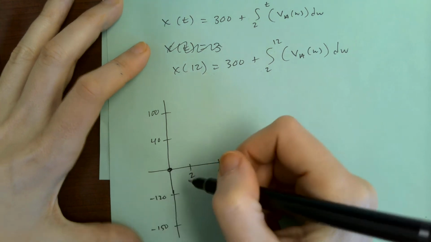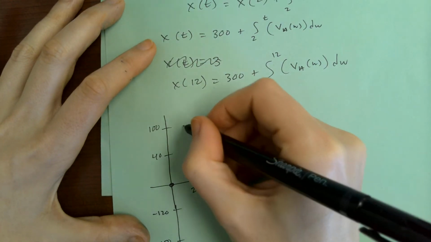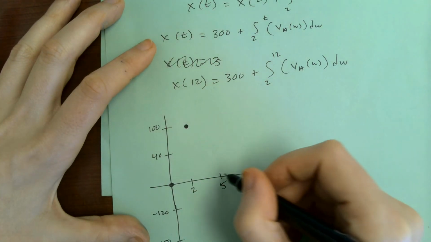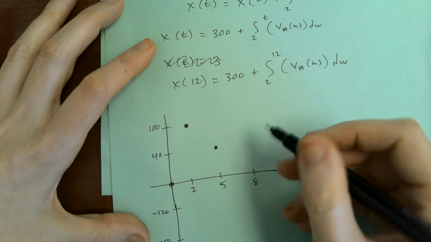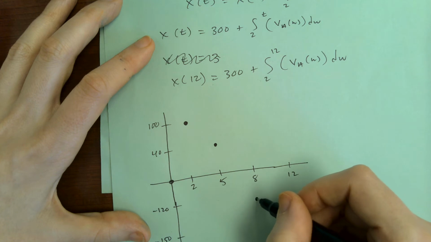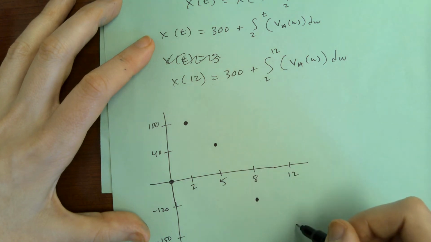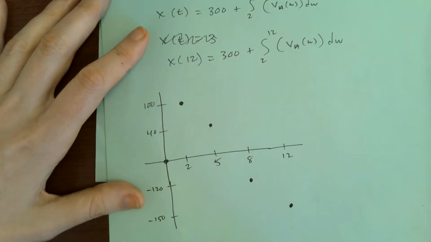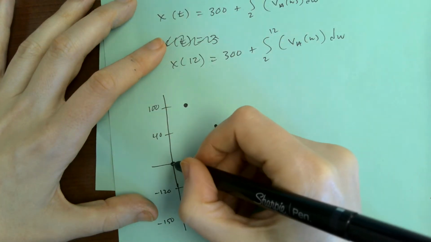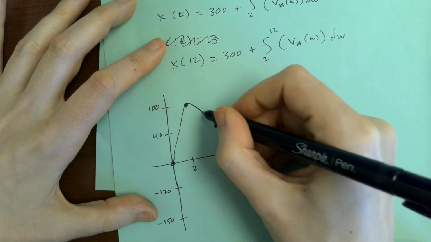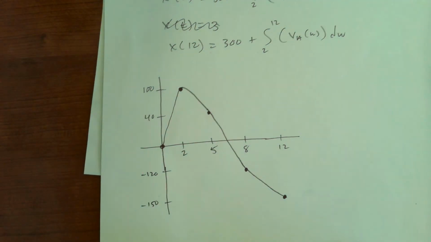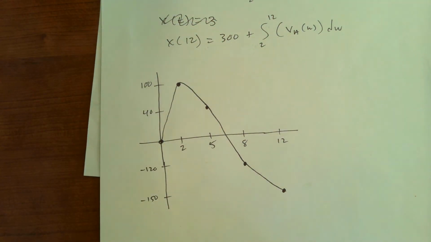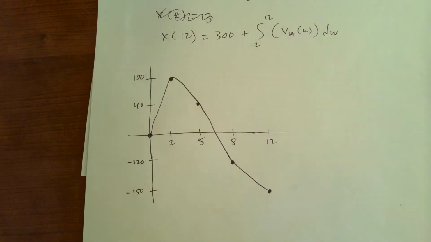Okay, 0, 0, 2, 100, 5, 40, 8, negative 120. Okay, so I'll connect all of these. Now I'm only doing a trapezoidal sum from 2 to 12.